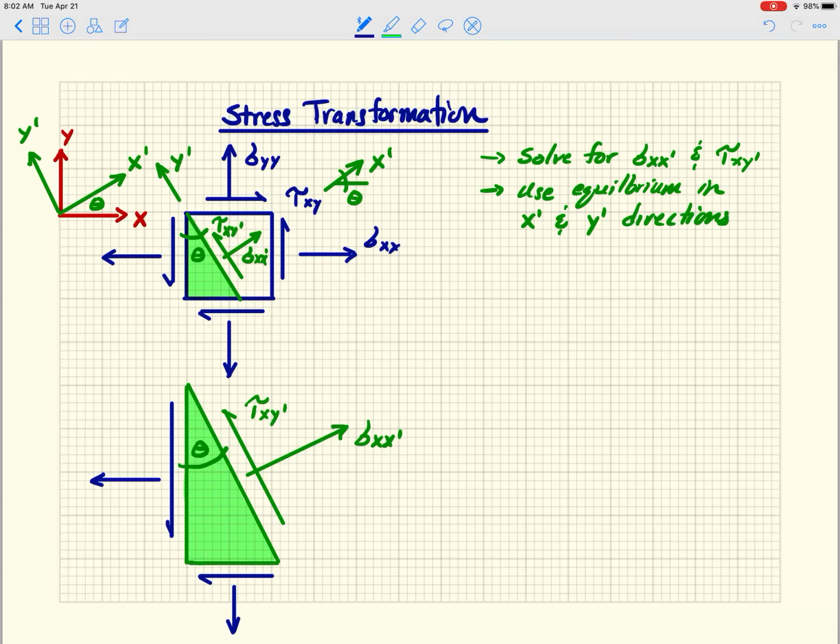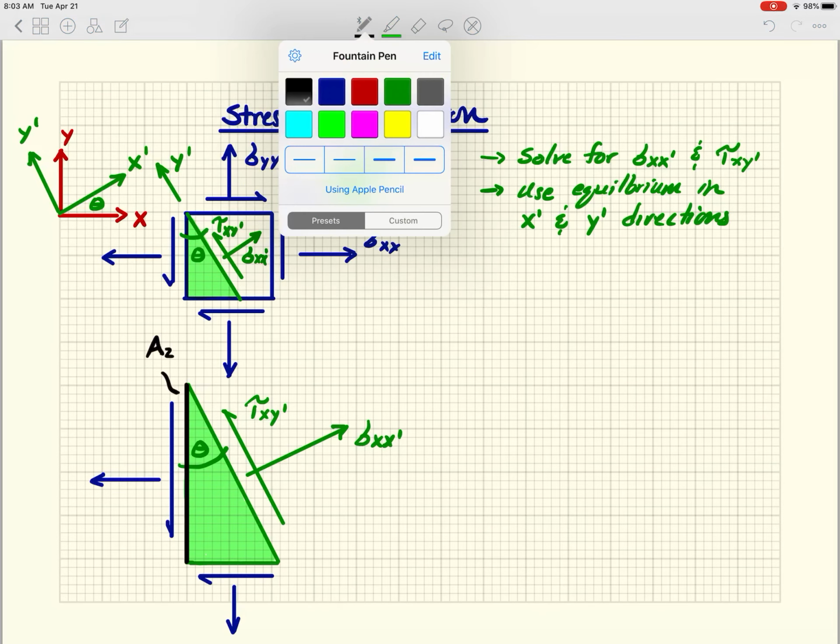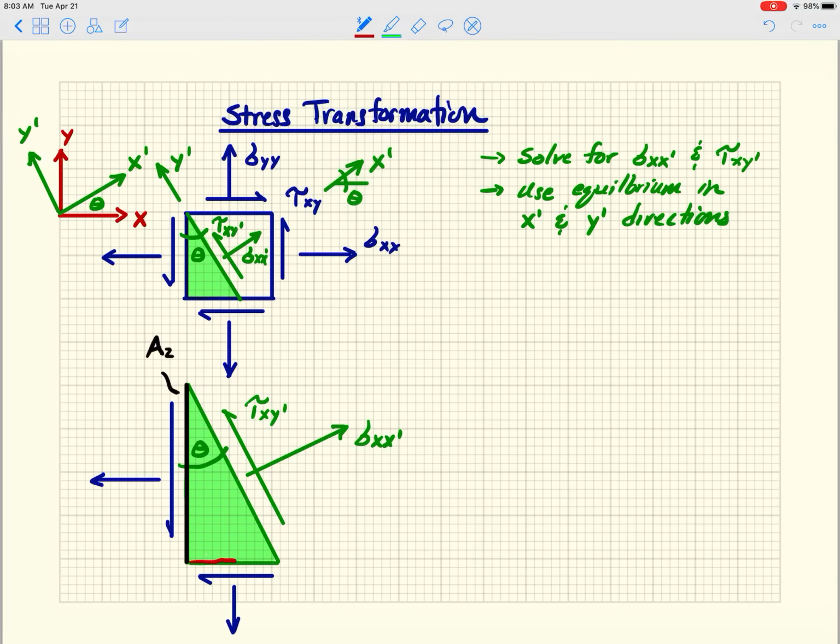Let me call this line here, in black, A2. And then this line here, I'll do it in red. And that line there we're going to call A1.